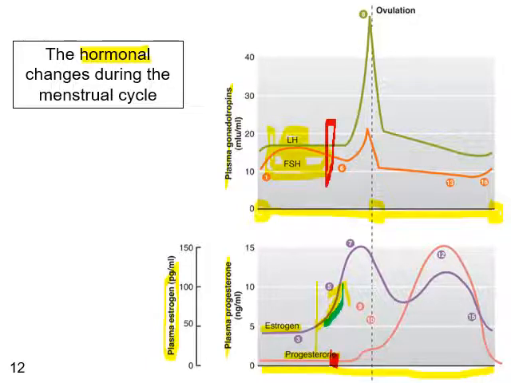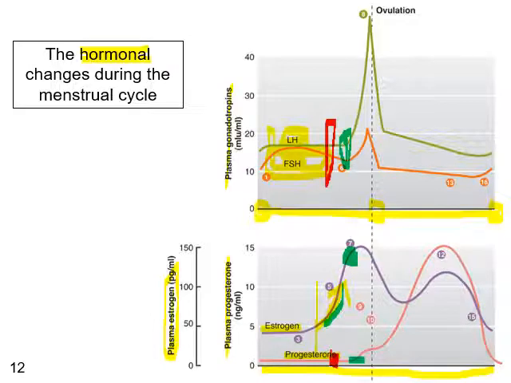There is a point where the estrogen level is high, and a high level of estrogen combined with a low level of progesterone triggers a transition from negative feedback control of LH and FSH to positive feedback.